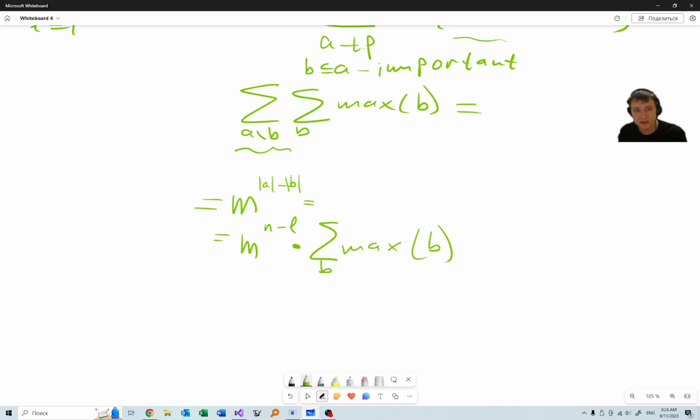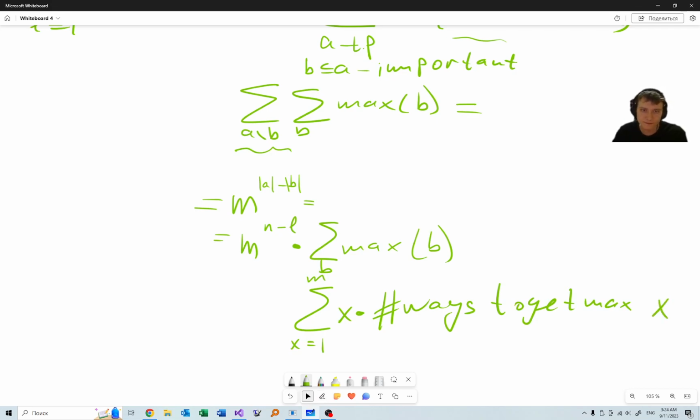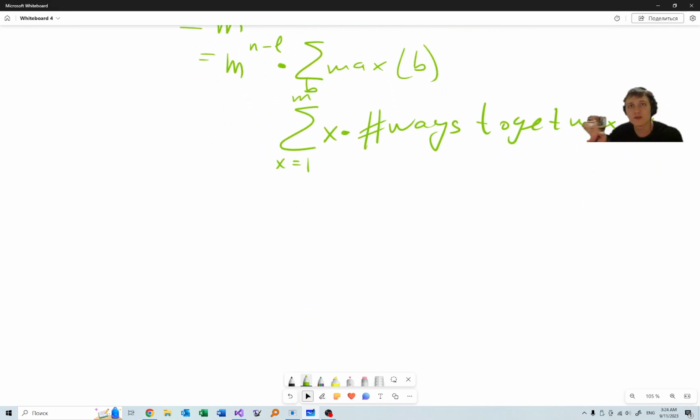We can rewrite it as sum from x equals 1 to m of x times the number of ways to get maximum x. And this is some sort of inclusion-exclusion.